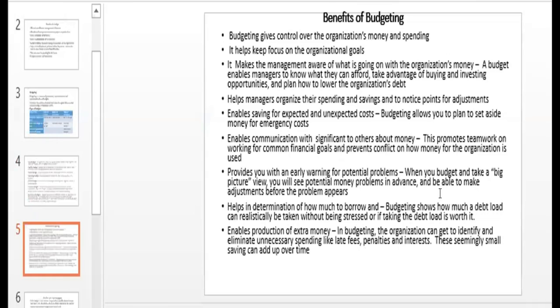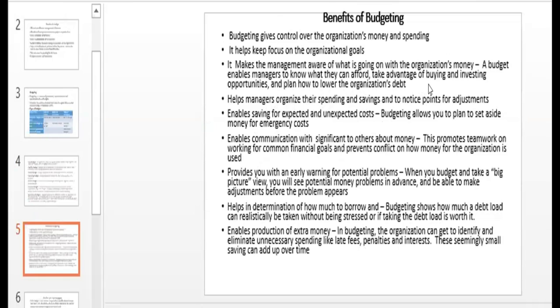It helps keep focus on the organization's goals, right? It makes the management aware of what is going on with the organization's money. A budget enables managers to know what they can afford, take advantage of buying and investing opportunities, and plan how to lower the organization's debt.